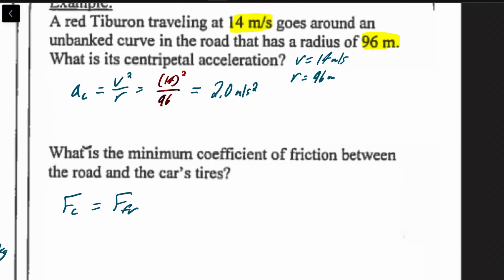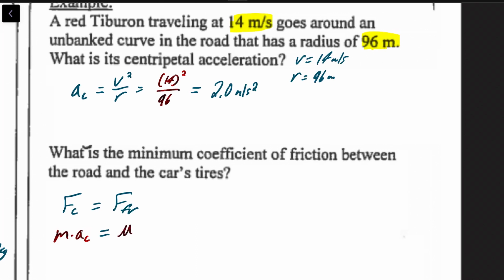And then here I know that force centripetal is equal to mass times centripetal acceleration, and force friction is equal to mu times force normal.